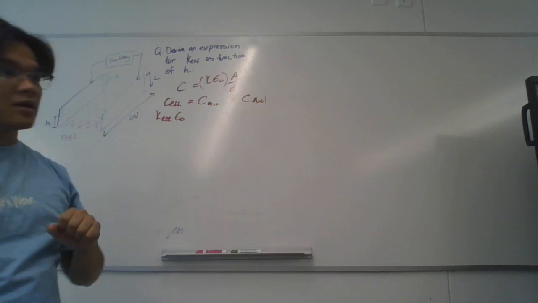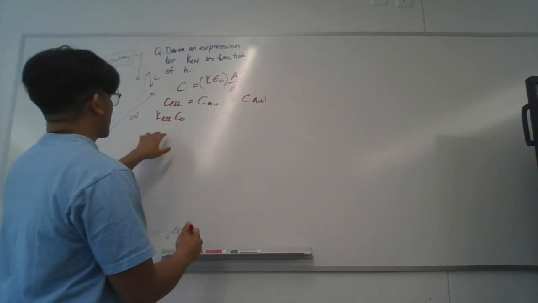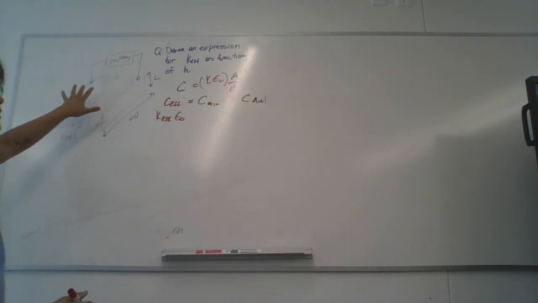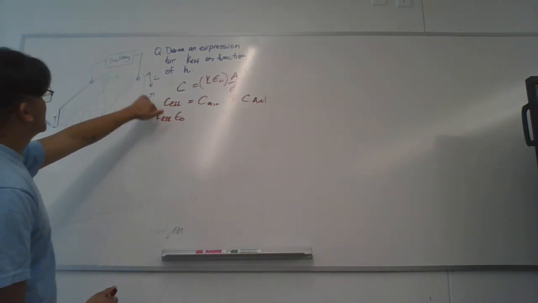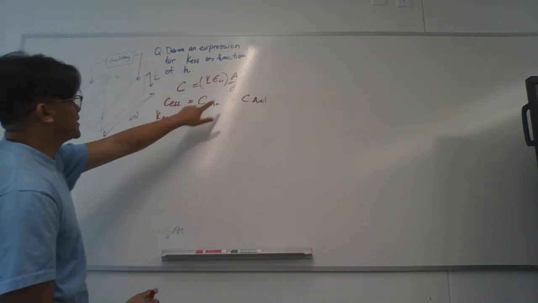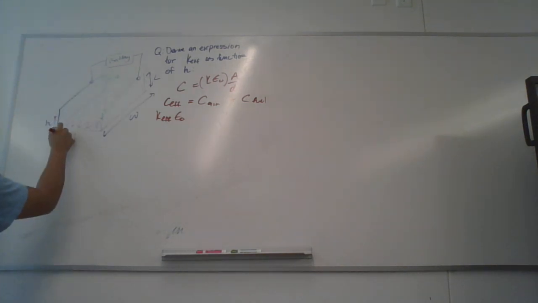The area for the whole thing is just length times width, divided by D. D is just the distance, so this would be our D right here.